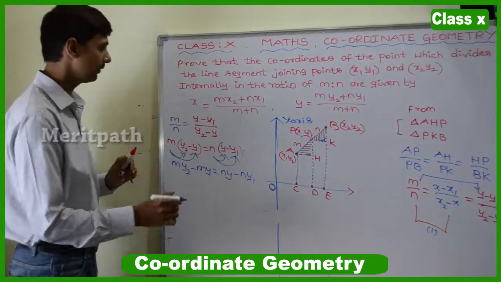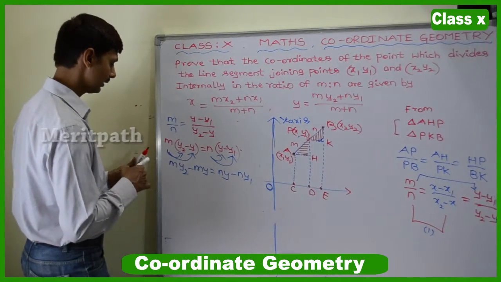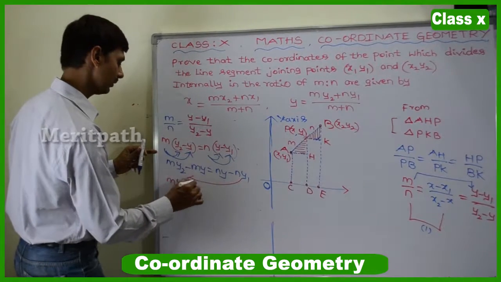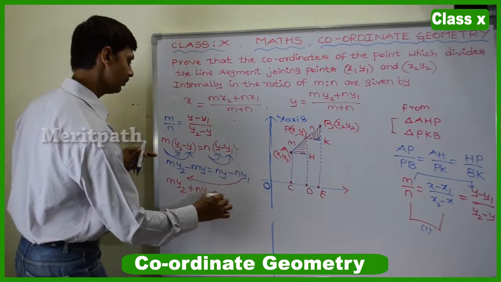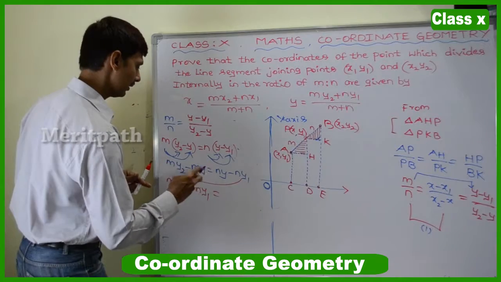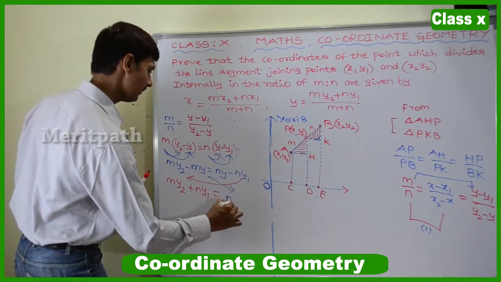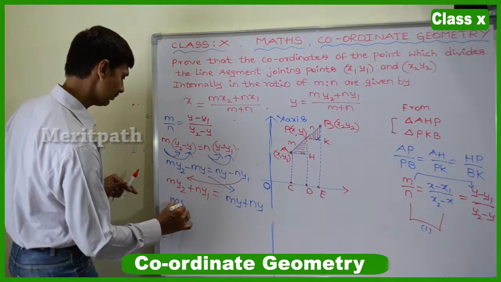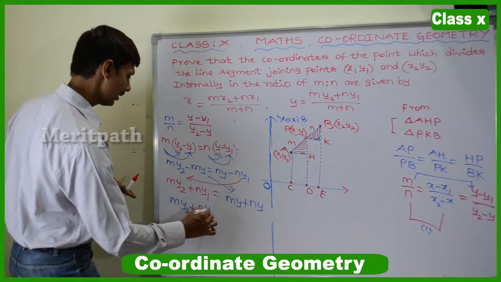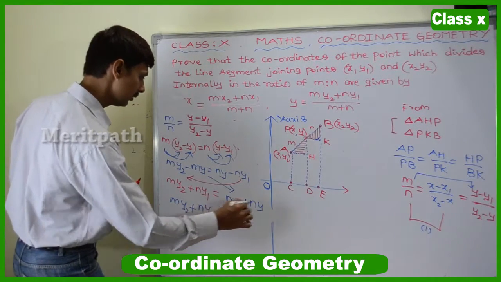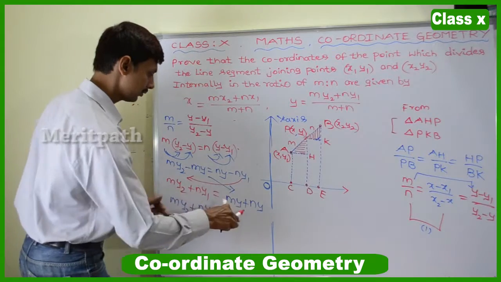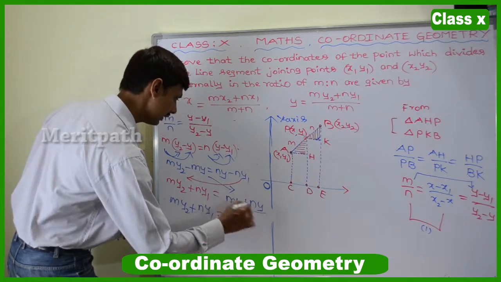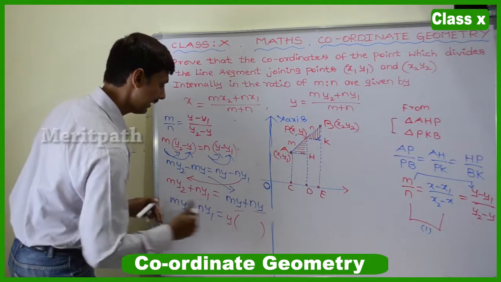Like before, we will transpose the values. We get my2 plus ny1 is equal to my plus ny. There is nothing common in the left side, so we write it as it is. On the right side, y is common, so y into m plus n.